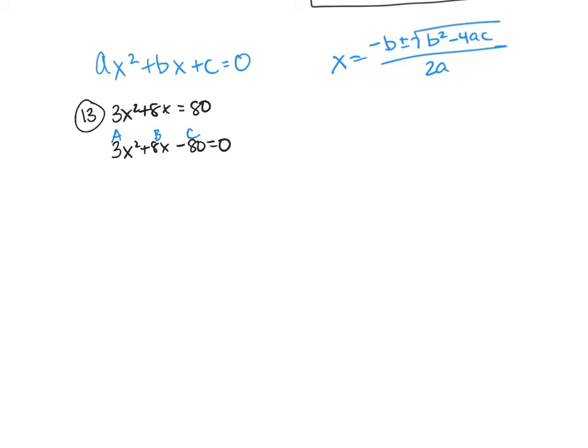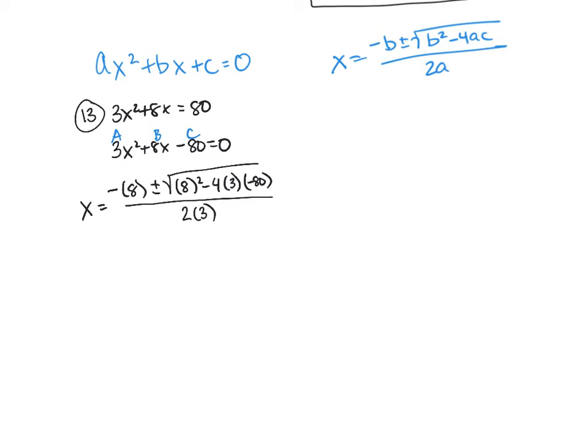And plug this in by saying x is equal to negative my b value of 8 plus or minus the square root of my b value of 8 squared minus 4 times my a value of 3 times my c value of negative 80. Make sure you bring that negative along. Divided by 2 times my a value of 3.